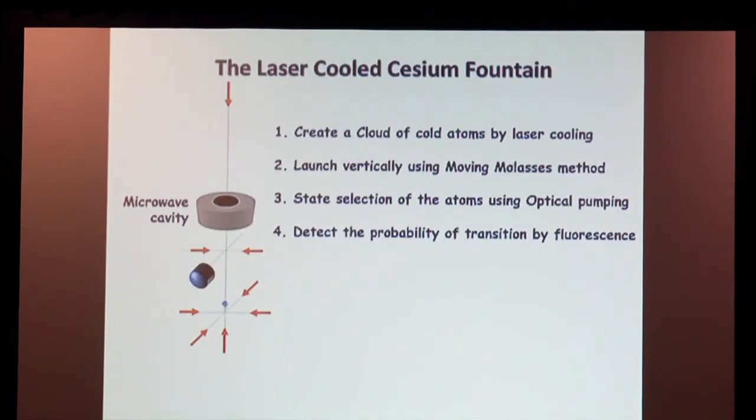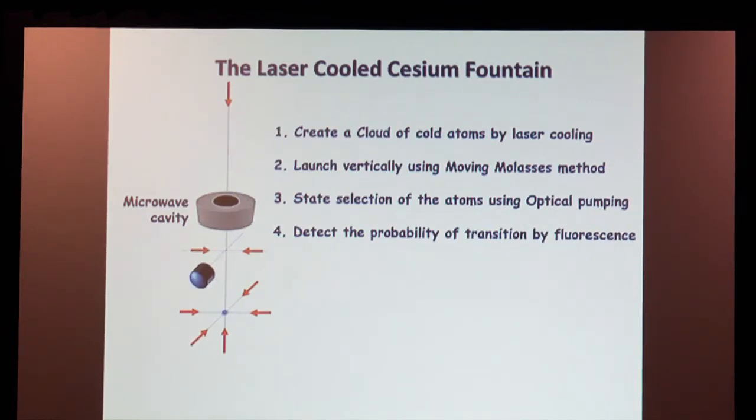Now, one of the things that I did not show: the atoms have a finite temperature, so as you launch them up, they expand because the atoms are not very cold. So when they expand, on the way down, if the atoms are not cold enough, not all of them manage to get back through the cavity. So two things happen because of that.